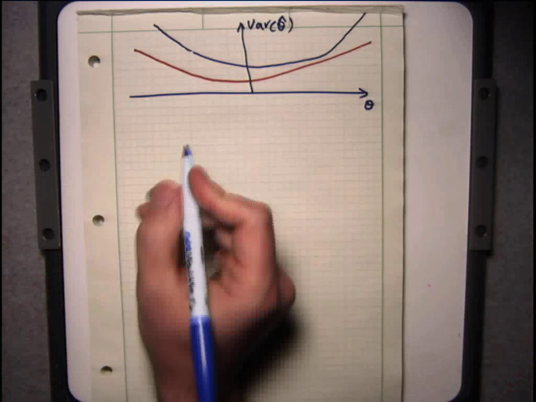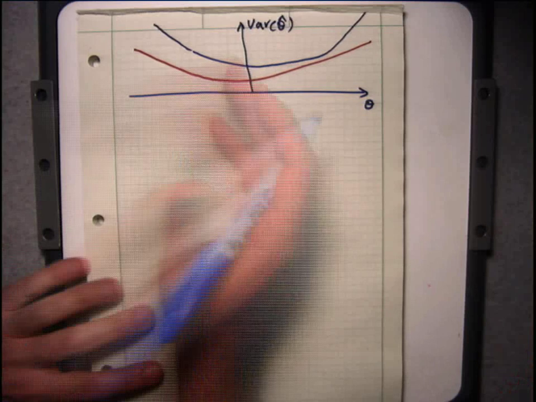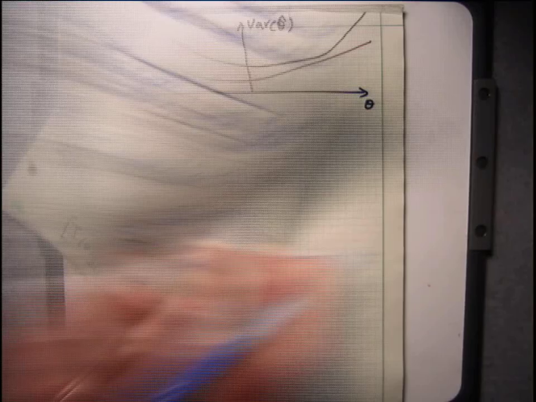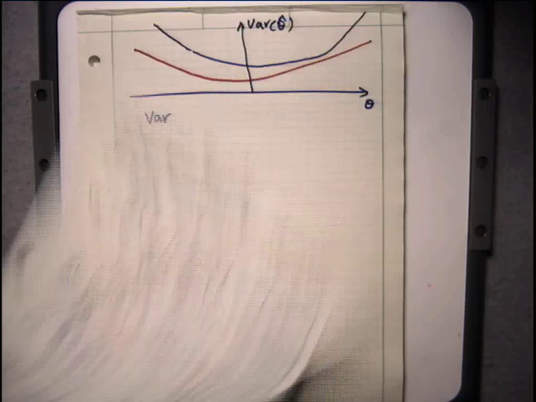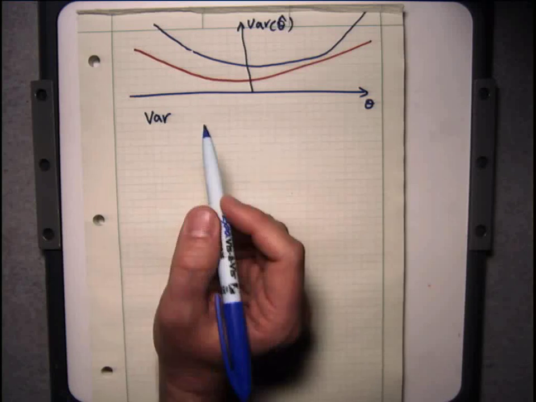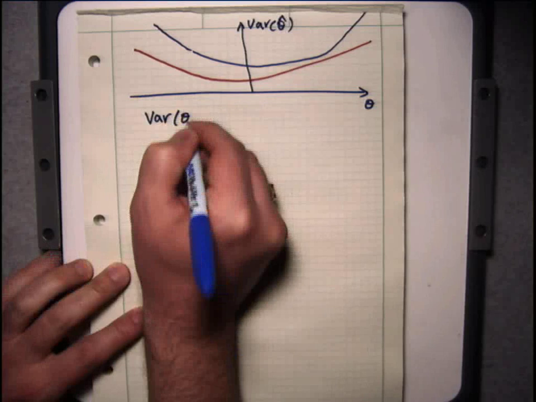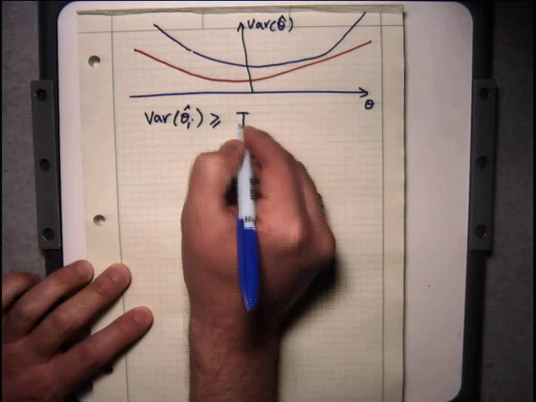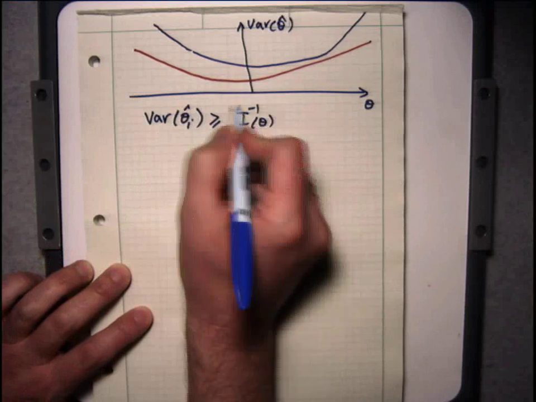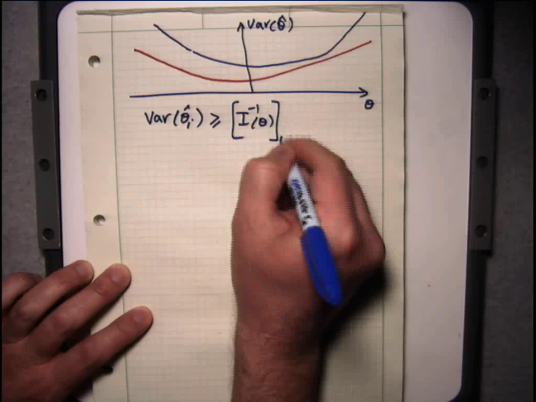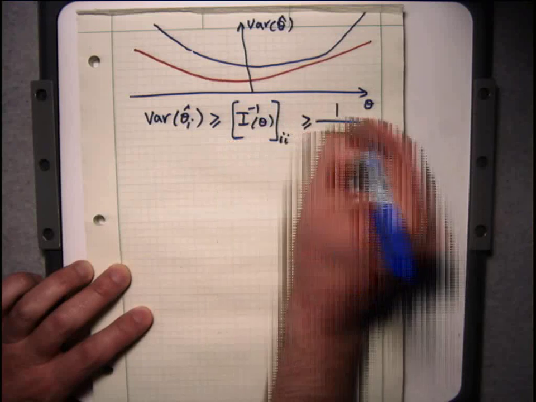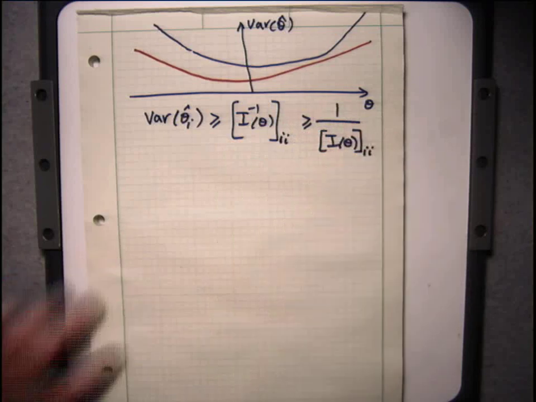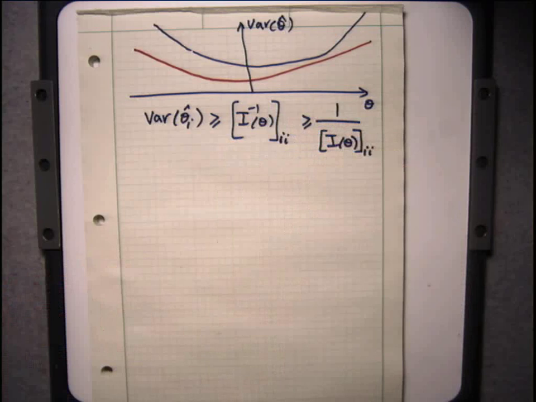Okay, so from the matrix case, we had the scalar special cases of this, which was, out of this whole matrix expression, what if you just wanted the variance for one of the components of the vector? So if you wanted just the variance of theta i hat, I showed you two different bounds, one which you get by inverting this matrix and then looking at the ith component, and another one which you get by simply taking the ith component of the information matrix and just computing the inverse of that.